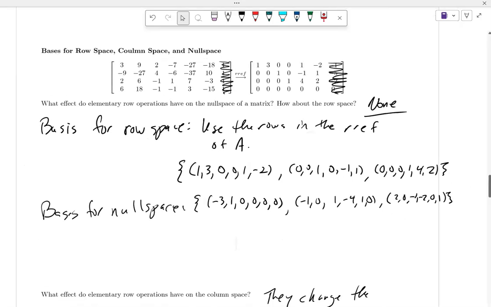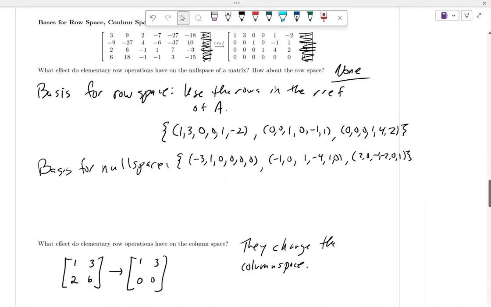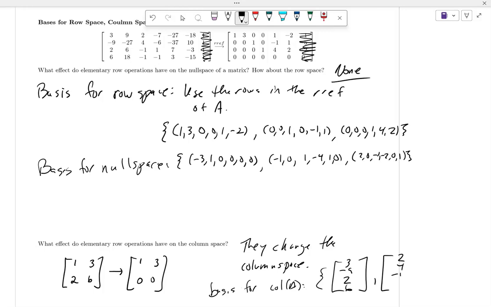So a basis for your column space here will be, and I will write them as columns because it says column space, but you can write them as rows if you like, 3, -9, 2, 6; 2, 4, -1, -1; and -7, -6, 1, -1.